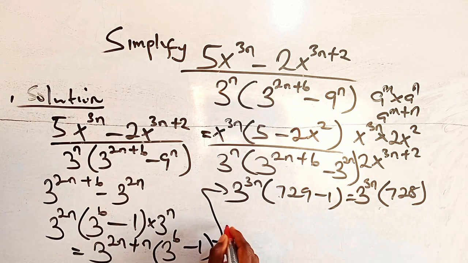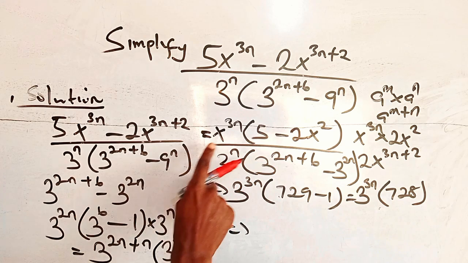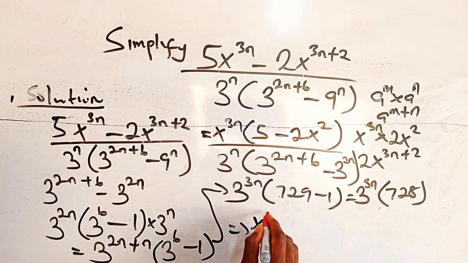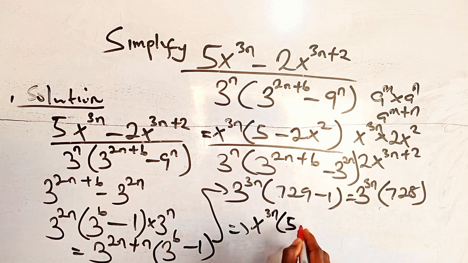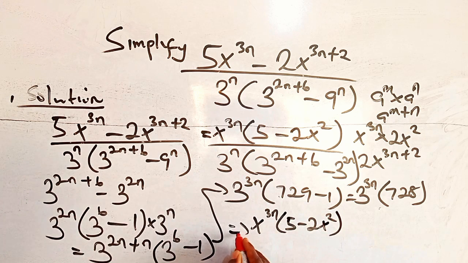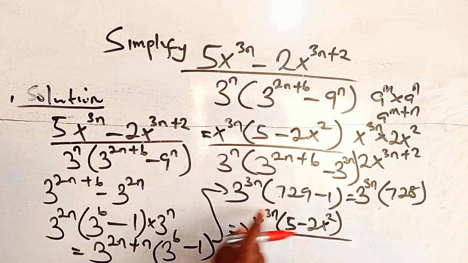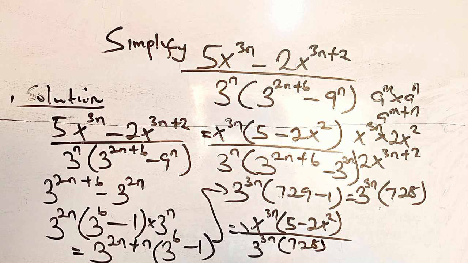When we factor out the numerator, we have x raised to power 3n times (5 minus 2x squared), over the denominator, which we have resolved to 3 raised to power 3n times 728.